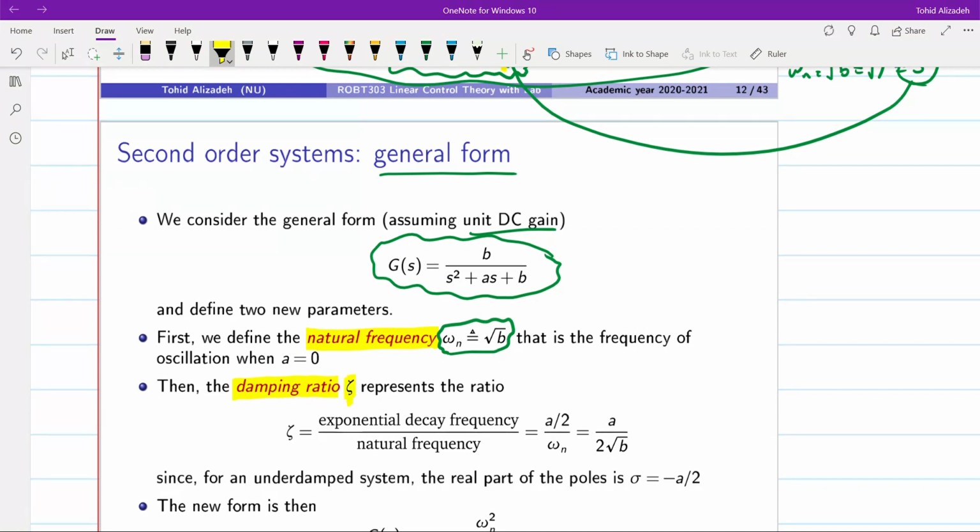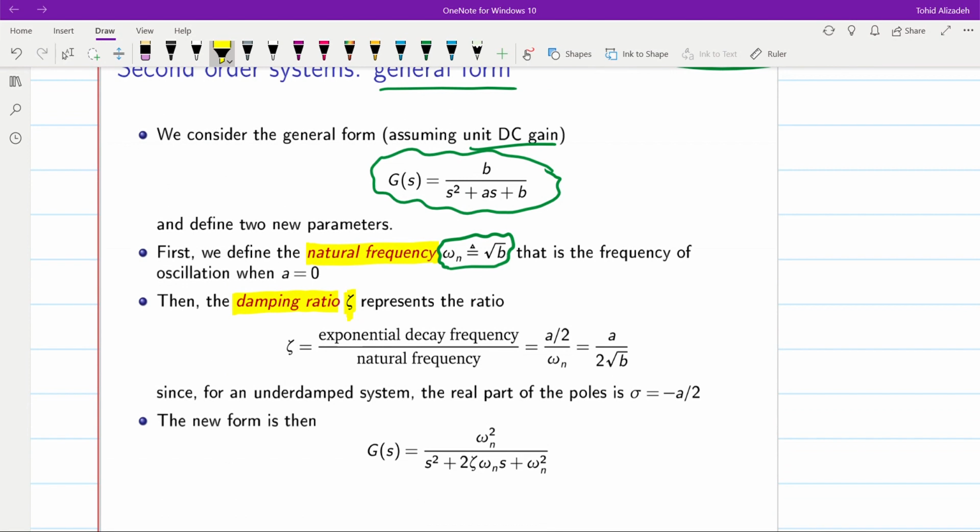The next parameter that we define is called the damping ratio, zeta. And it's indeed the ratio between the exponential decay frequency and the natural frequency. Natural frequency is omega n, and the exponential decay frequency is A over 2. If we replace omega n with square root of B, we will get A over 2 square root of B. So this will give us the zeta.